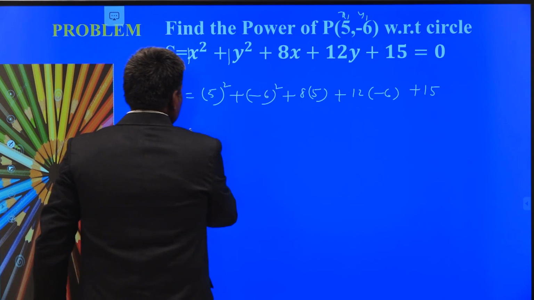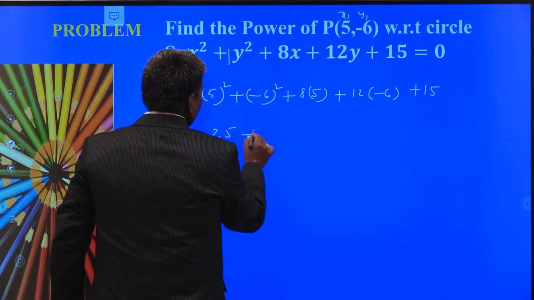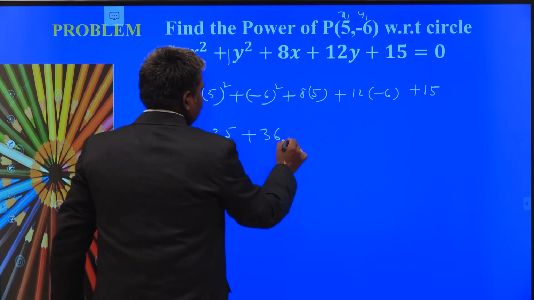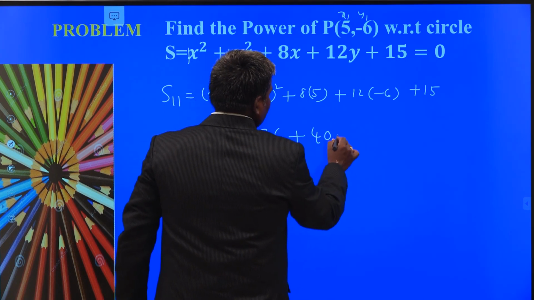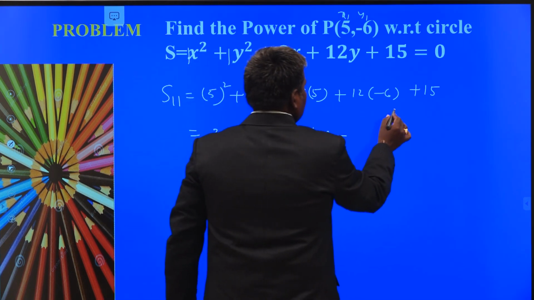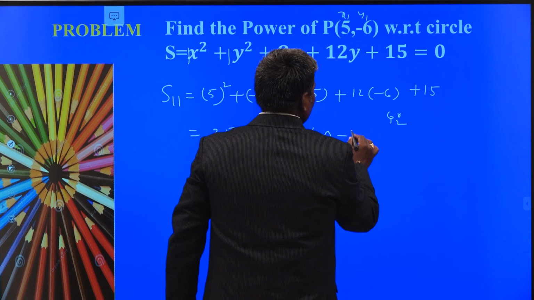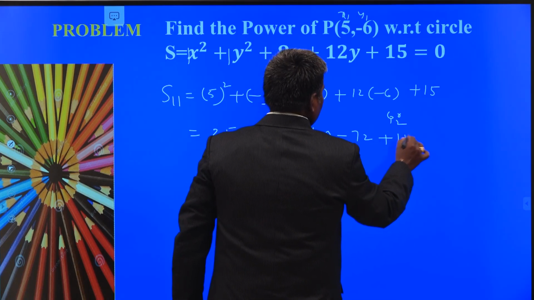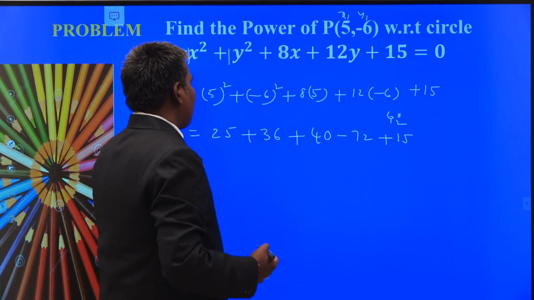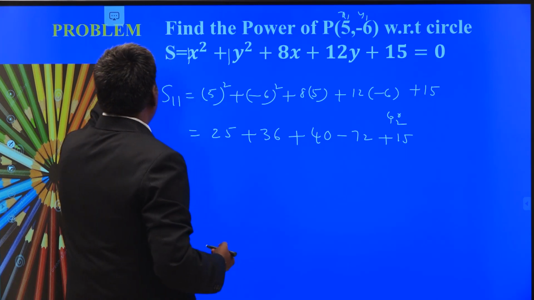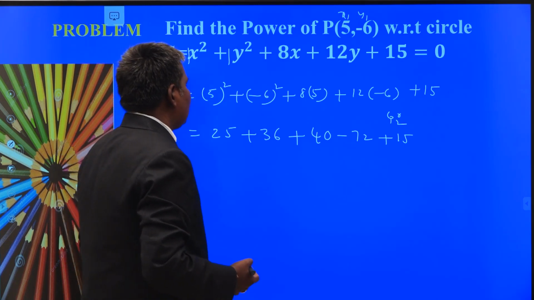That's all. This is nothing but 25 plus 36 plus 40 minus 60 plus 12 minus 72 plus 15. So this is the value of the power of the point P with respect to the circle.